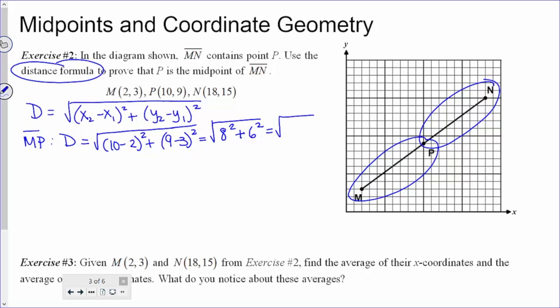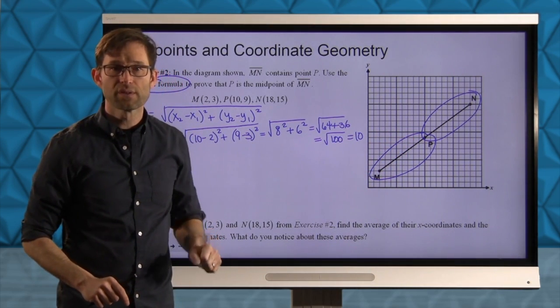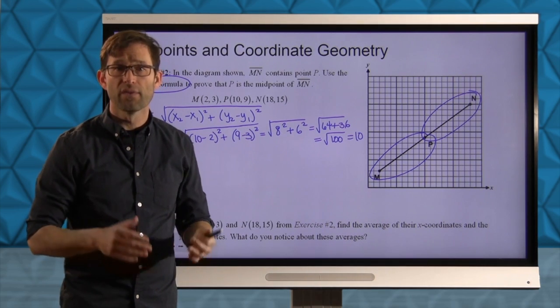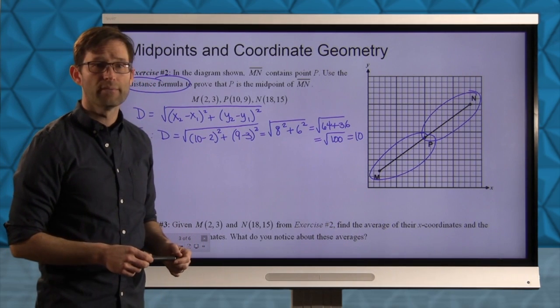We'll get the square root of 64 plus 36. That gives me the square root of 100, which is 10. So MP has a length of 10 units. Now, go ahead and calculate the length of PN using that distance formula. Take a few minutes for that.